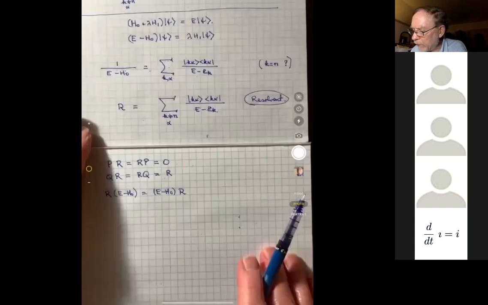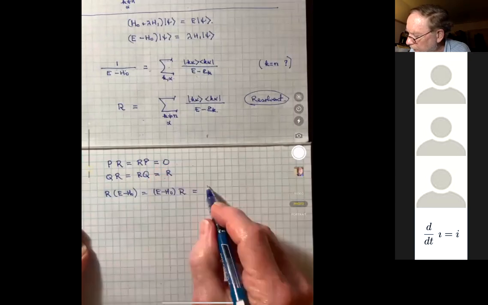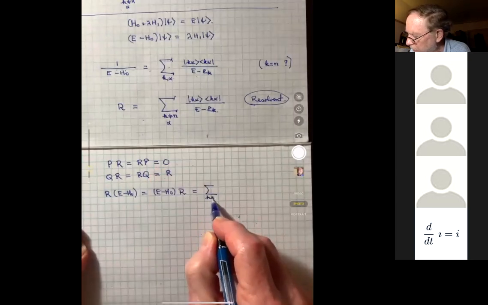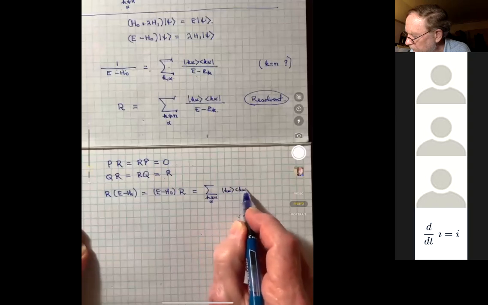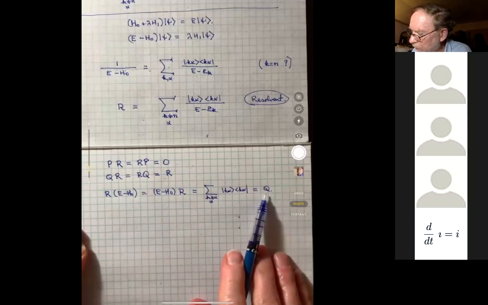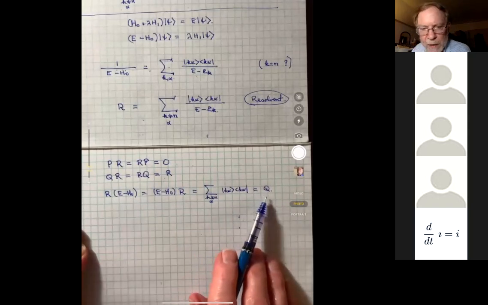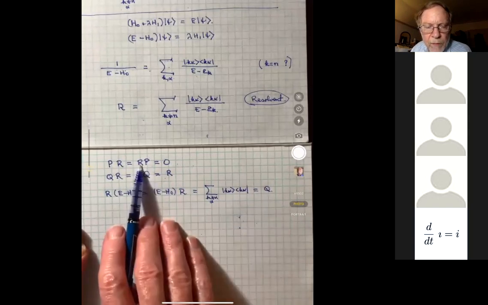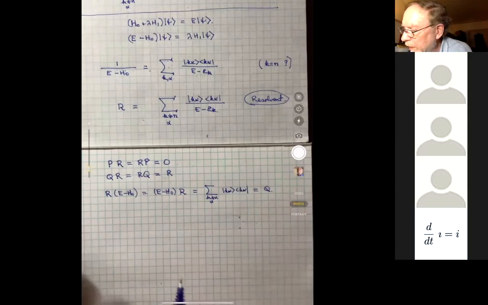So these products are the same thing as that sum for R, but without the denominator. So it's a sum on k not equal to n, sum on alpha of k alpha outer product. But that in fact is the same thing as the Q operator. So since Q is the identity on the orthogonal space, it means that R is the inverse of E minus H0 on the orthogonal space, but it's 0 on the original unperturbed eigenspace. All right. Okay, so those are the principal properties of R.